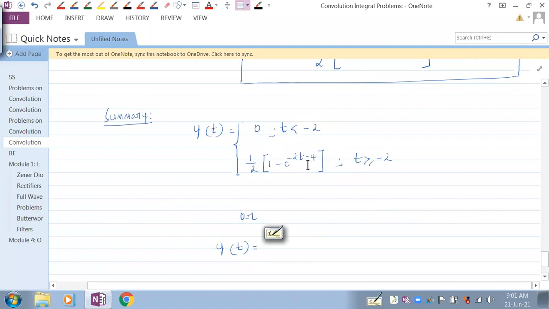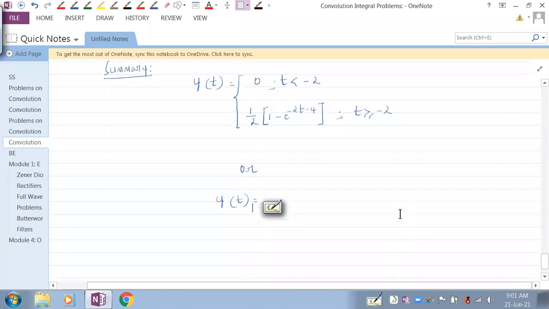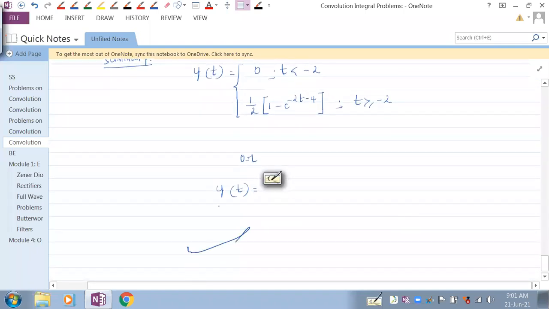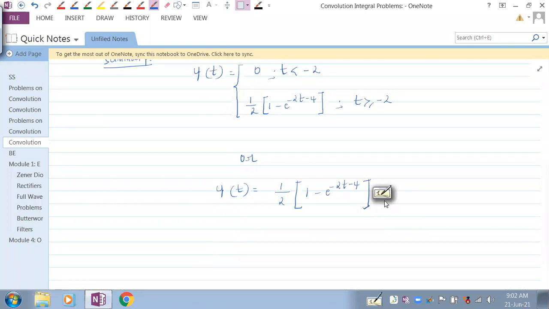So that means the range of this convolution integral is from minus 2 to infinity. So which is u of t that moves from minus 2 to infinity, which is 1 from minus 2 to infinity? You can just multiply that with this signal. Which is that signal, anybody? Which is that u of t? Comment on that. It goes from minus 2 to infinity, right?